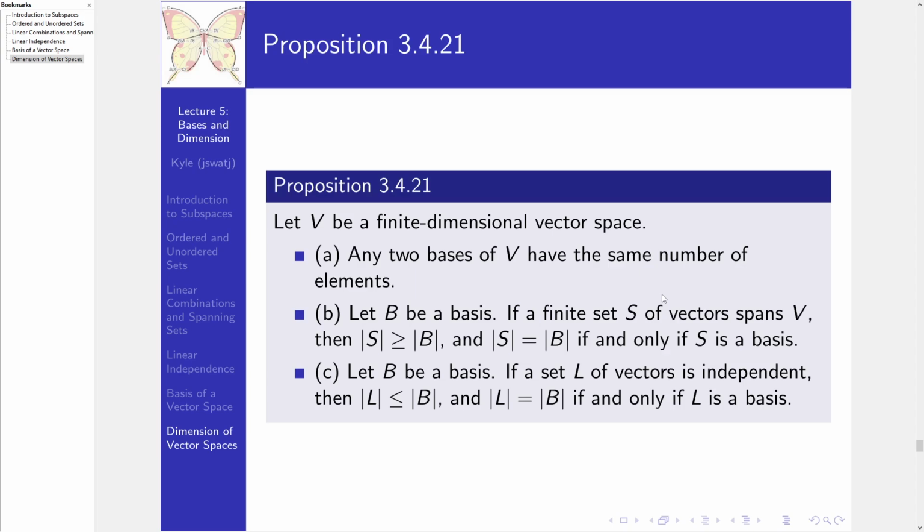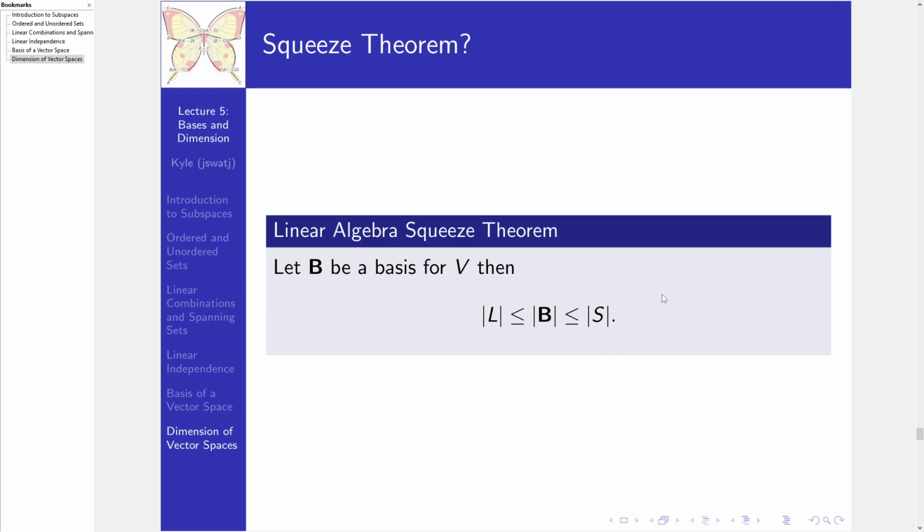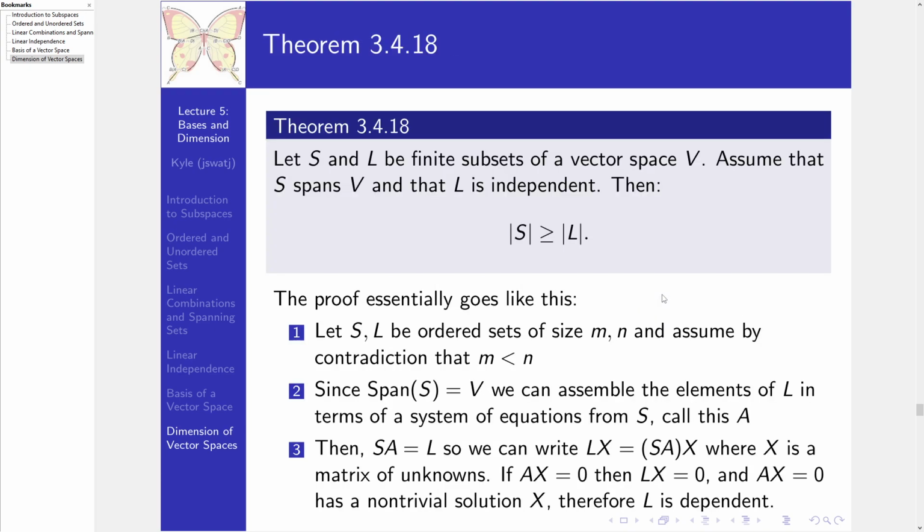So let V be a finite dimensional vector space. Any two bases of V have the same number of elements. Yeah, this actually makes a lot of sense if you think about the last theorem we did. You could basically apply the basis to both of these elements.